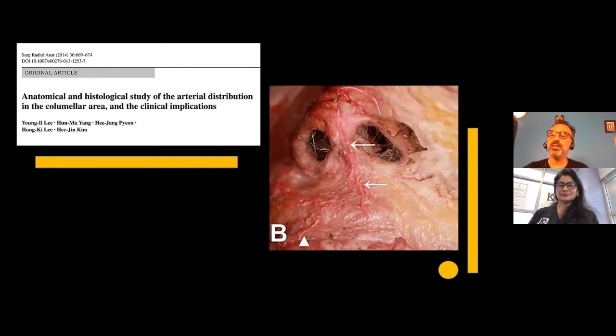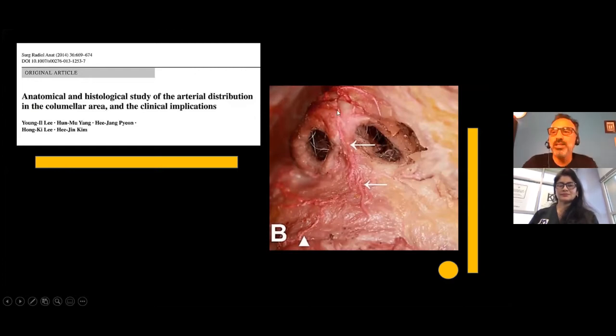Some great injectors and researchers said that this huge anastomosis almost protects us from necrosis in this area. Necrosis is more common in the lateral zone of the nose than in the tip of the nose, because of this great anastomosis.